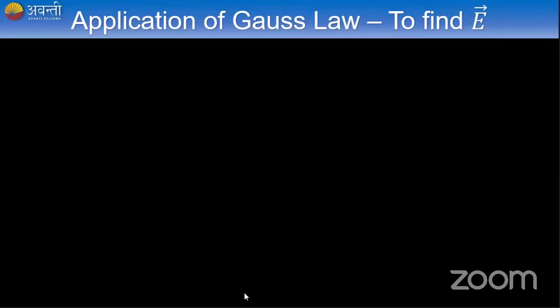We'll have a quick revision of whatever we have completed so far: a glance at the application of Gauss law on spherical conductors, then the infinite conductor, then we'll come to the actual discussion on application of Gauss law for an infinite plane surface. Then once we are done with the summary and revision of the entire chapter, we can start with our next chapter.